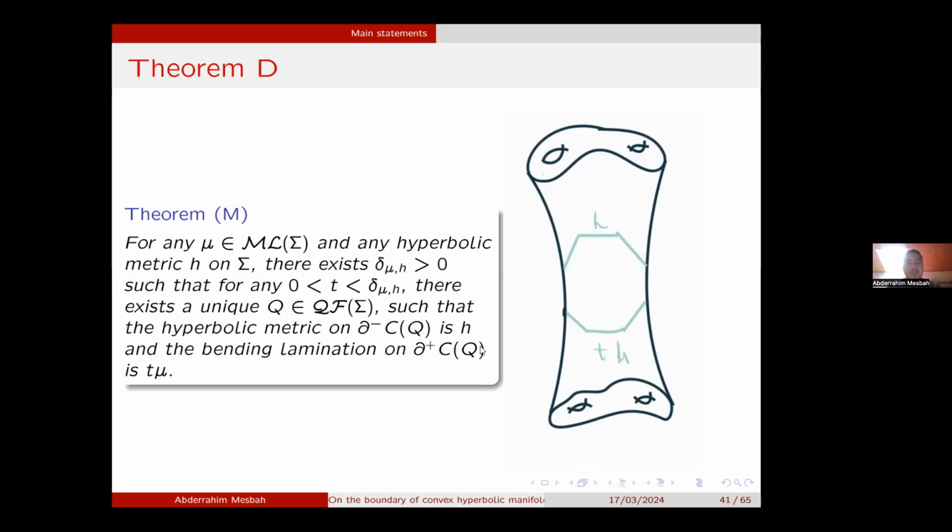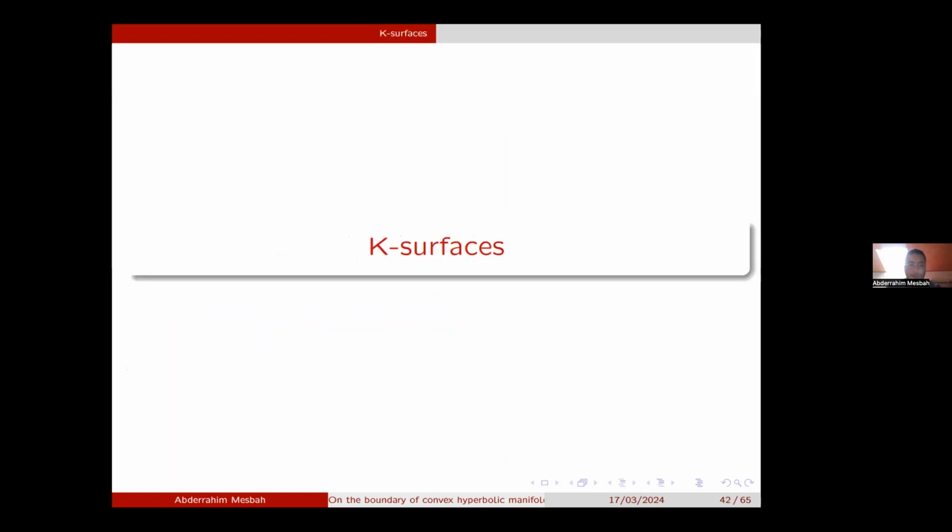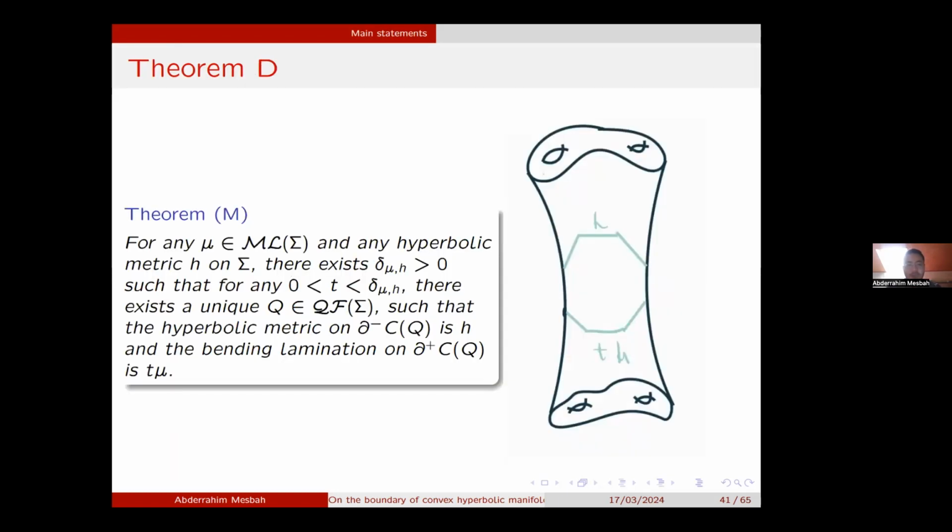So here also for these statements, we don't know uniqueness in the general case, but we can say something. If I take mu to be a measured lamination, and H to be a hyperbolic metric, then I can find some delta that depends continuously on mu and H, such that for any small scalar t, there exists a unique quasi-Fuchsian manifold that realizes H as the induced metric on the upper boundary of the convex core, and mu as the induced lamination on the lower boundary of the convex core.